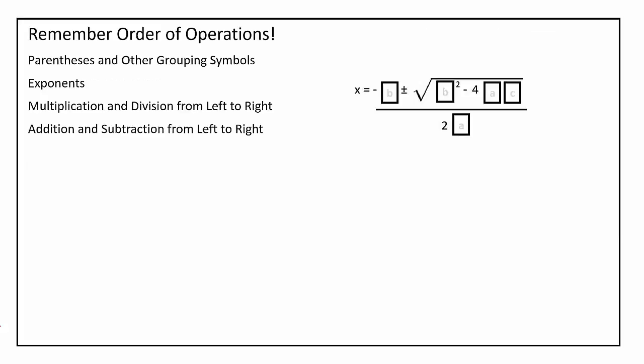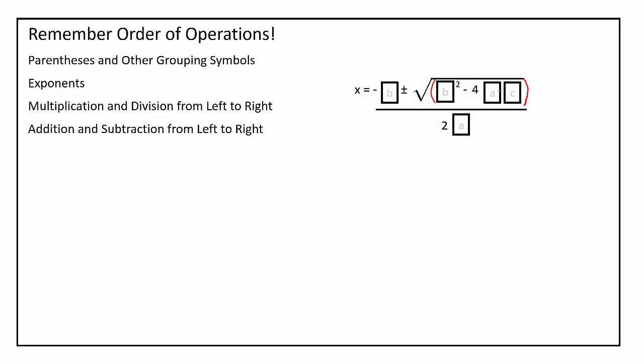Now, we need to remember as we're solving these that there is a certain order of operations. We have the acronym PEMDAS, which we use to remember what order we go in. And what's important here is that parentheses and other grouping symbols means that the radical is in every way like us having parentheses around what's inside.